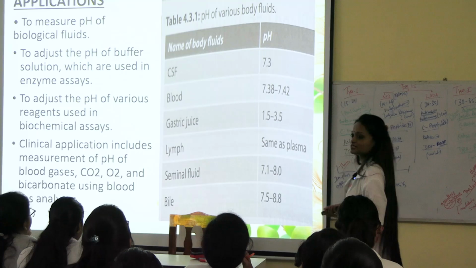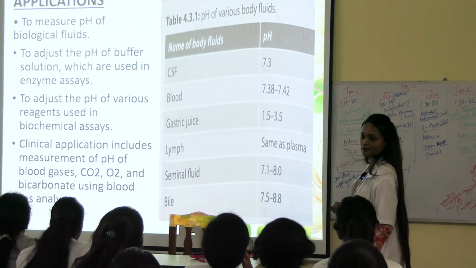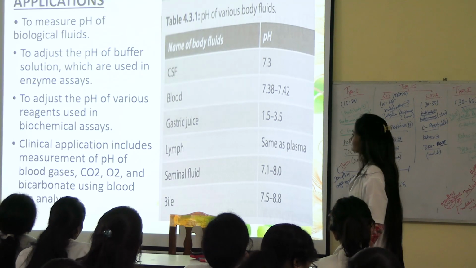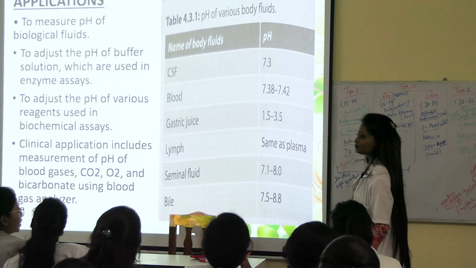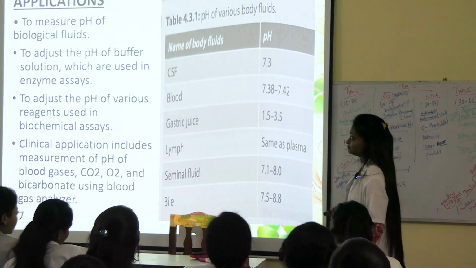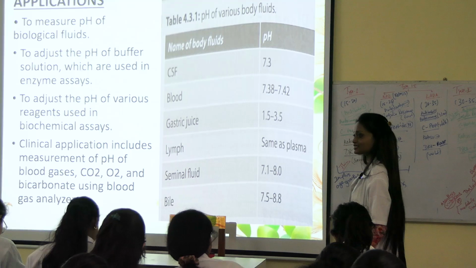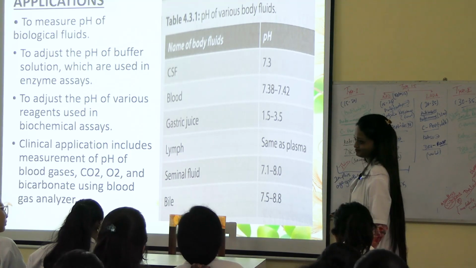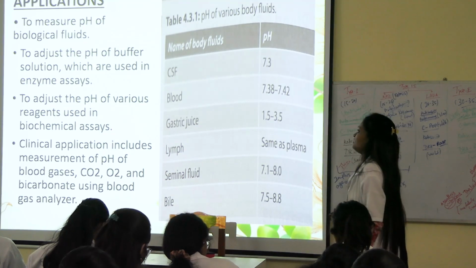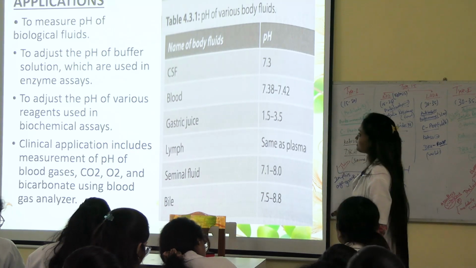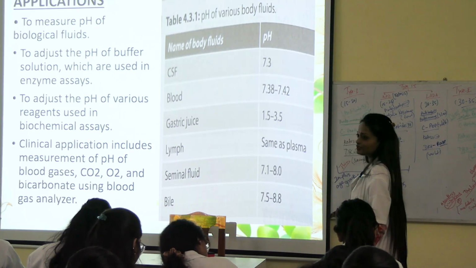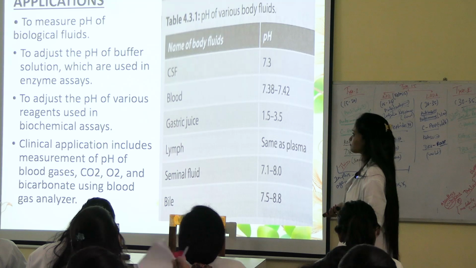Next is applications. The use of the pH meter. This is the last slide. What is the use of the pH meter? To measure pH of biological fluids.